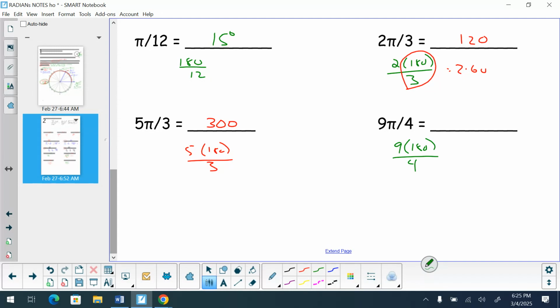So we have 9 times 180 divided by 4. That gives you 405.